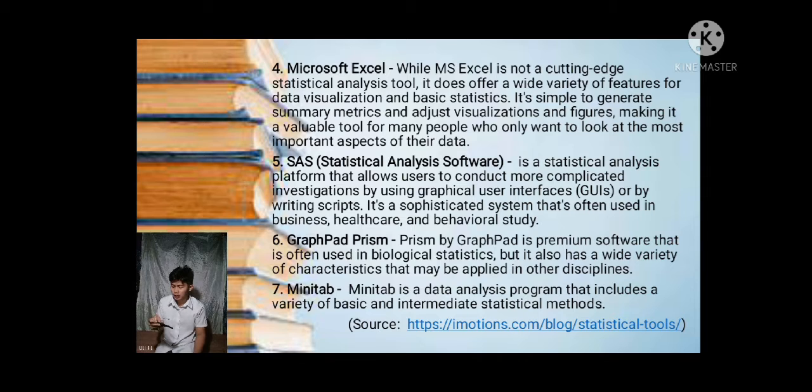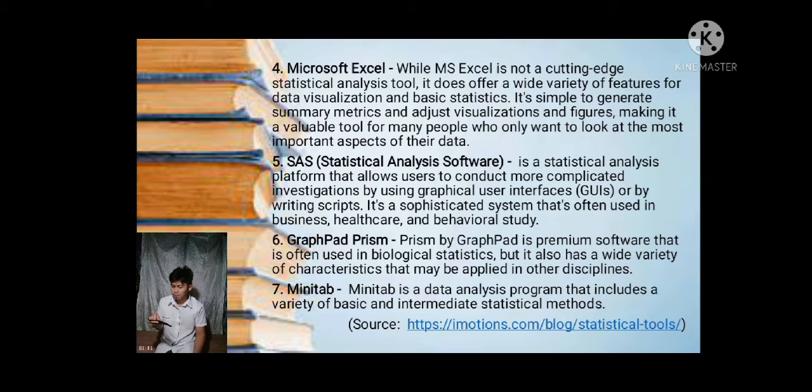SAS, Statistical Analysis Software, is a statistical analysis platform that allows users to conduct more complicated investigations by using a graphical user interface or by writing script.